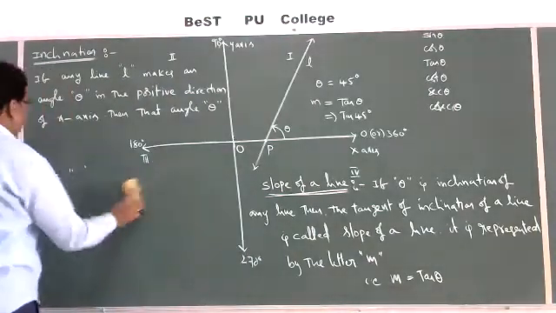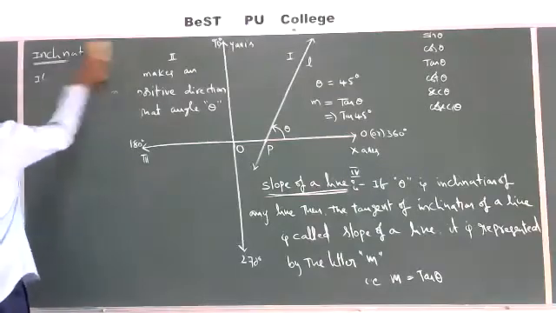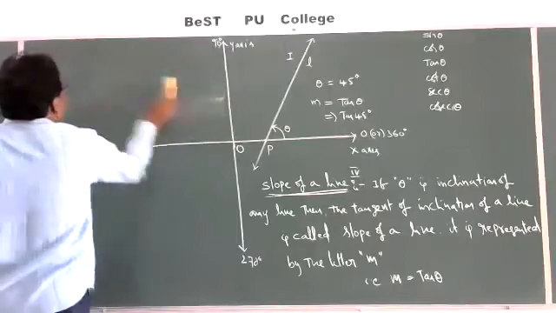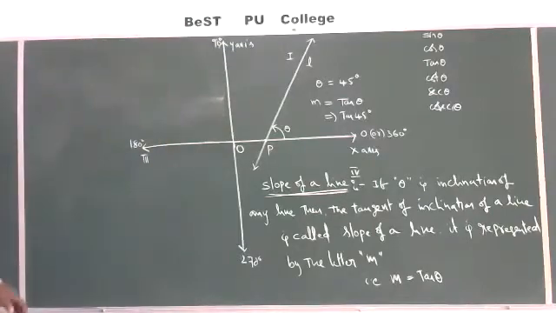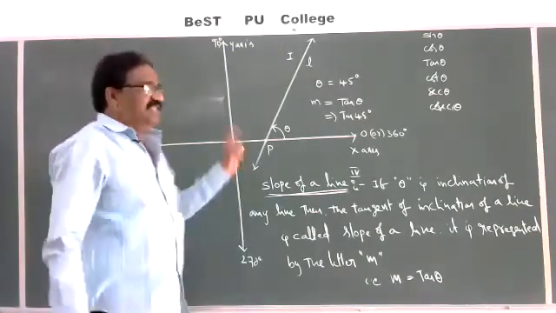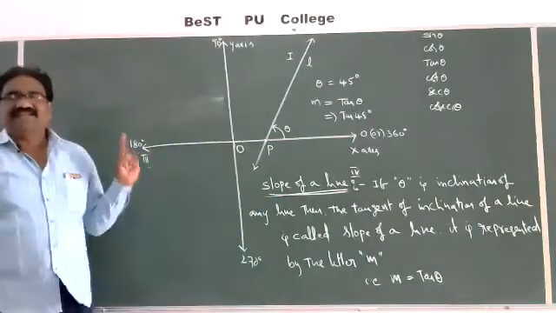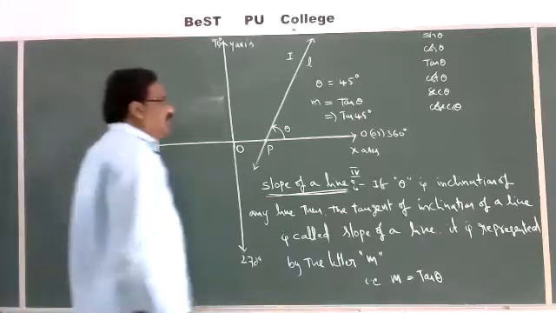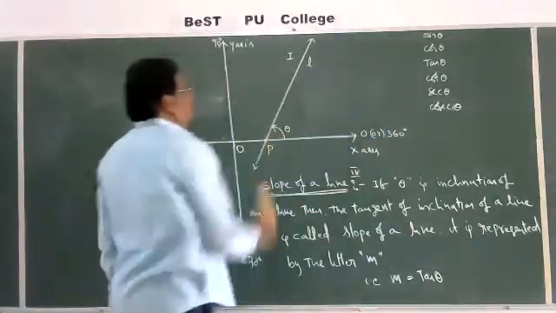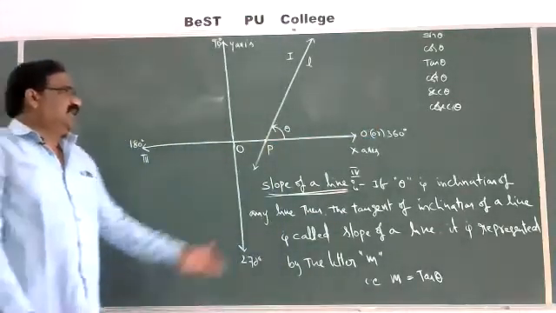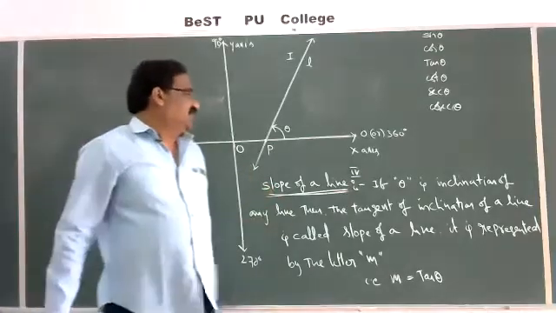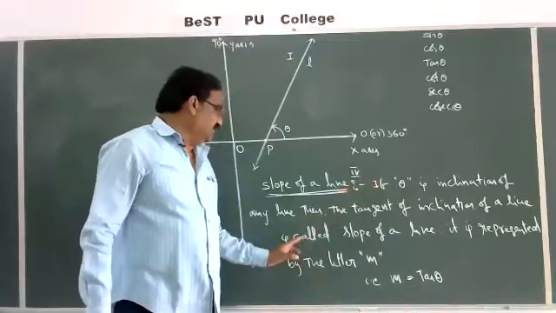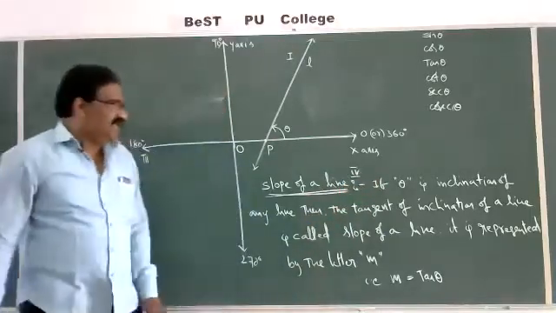So here we discussed what is meant by inclination of a line. Any line makes an angle theta in the positive direction of x-axis, then that theta is called inclination of a line. Then what is meant by slope of a line? If theta is the inclination of a line, then the tangent of the inclination of a line is called slope of the line.